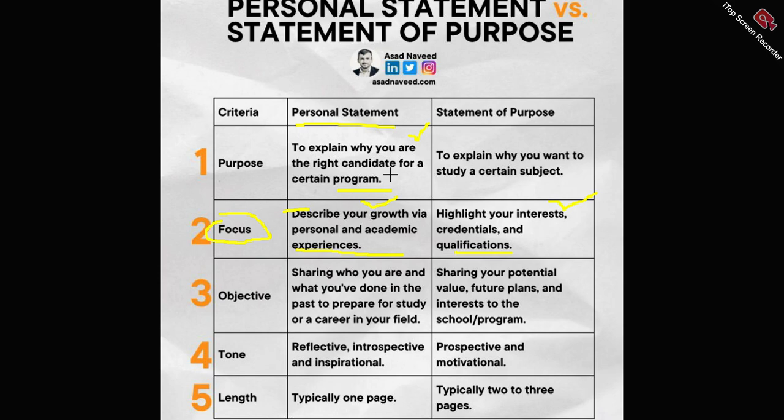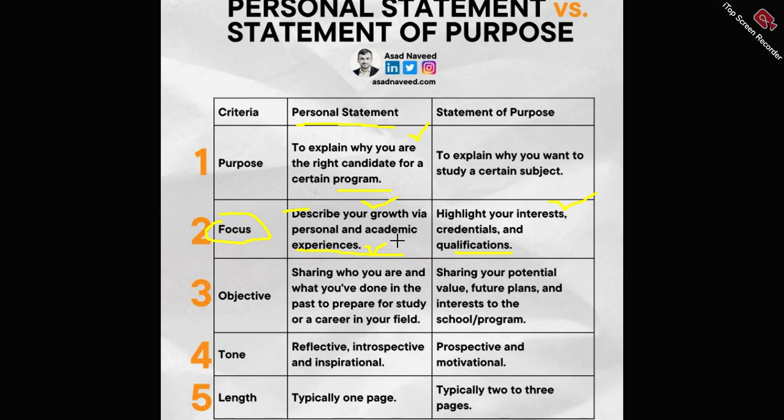Then, describing your growth via personal and academic experiences: in a personal statement, if you want to apply for a certain project, you have to describe how you have grown, using your personal and academic experiences.